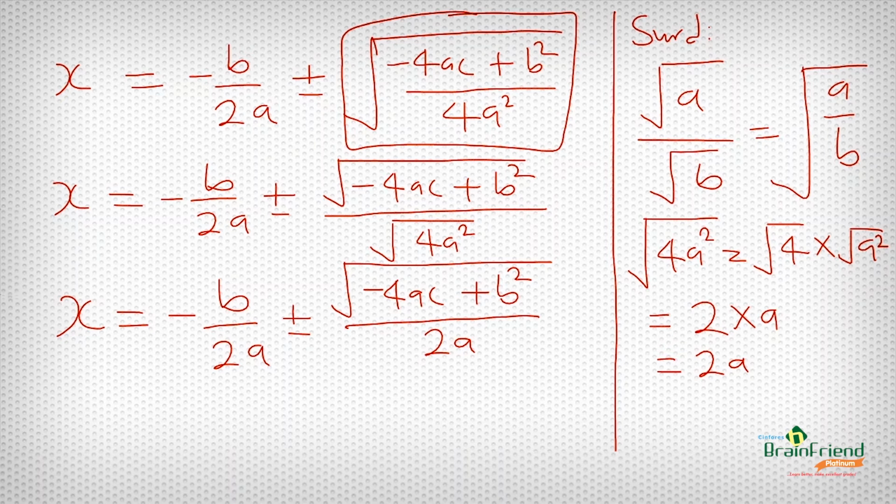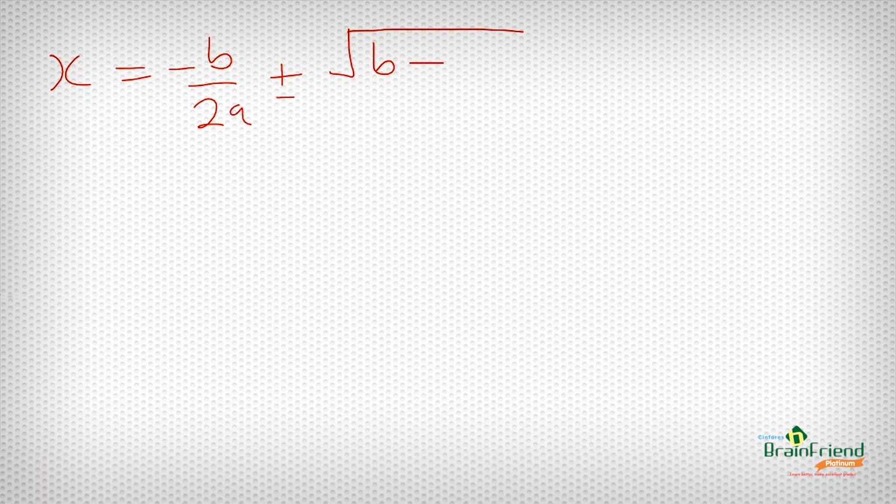So we now have x is equal to minus b over 2a plus or minus square root of b squared minus 4ac, and that will be divided by 2a.